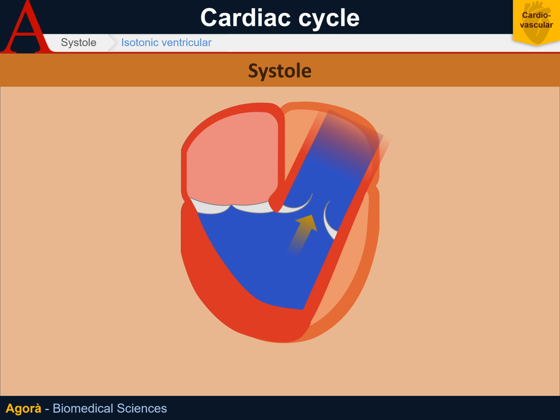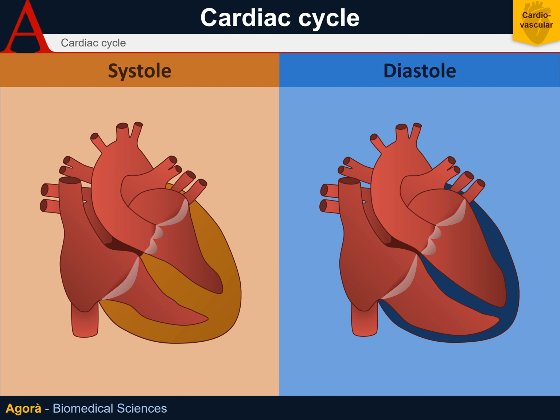However, sooner or later, the phase will end, and so the strength developed by the ventricle will decrease, and the weight of the blood contained in the artery will start to burden the semilunar valve and therefore close it. This is when the diastole begins, that is to say, the ventricular release.